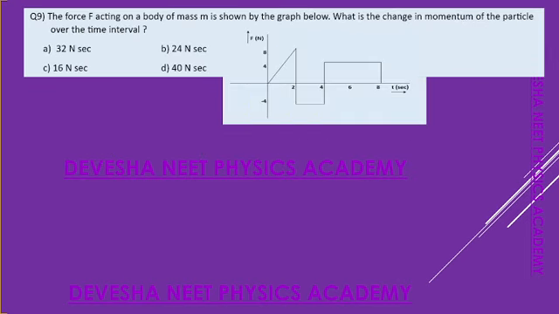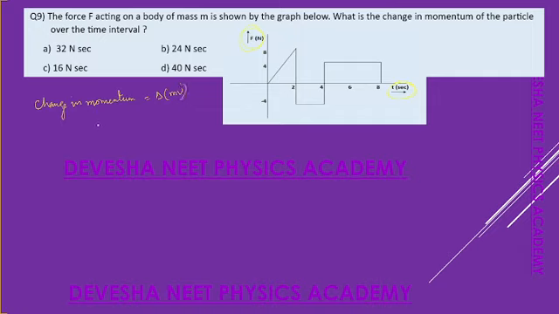The force acting on a body of mass m is shown by the graph below. So this is the force here. If you look at this, this is the force given here. So this is the force, and this is time, right? What is the change in momentum of the particle over the time interval? Okay. So now we know that the change in momentum is equal to m delta v.